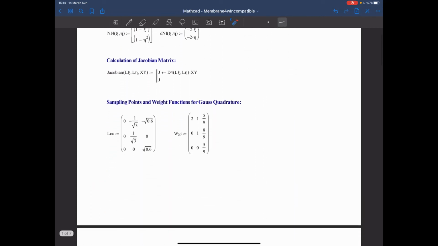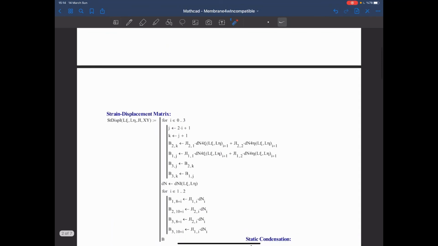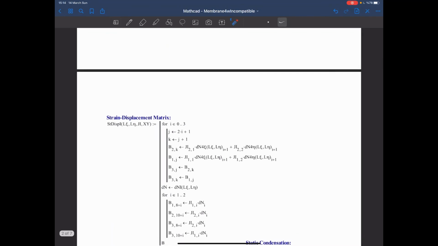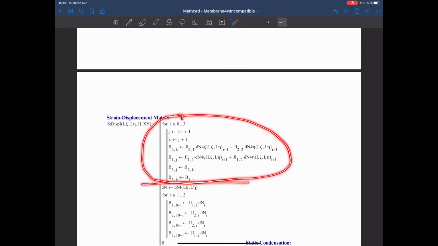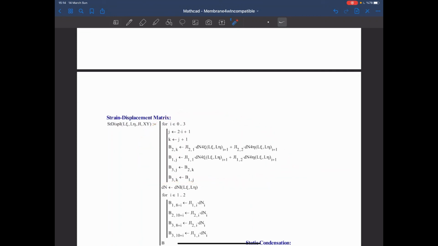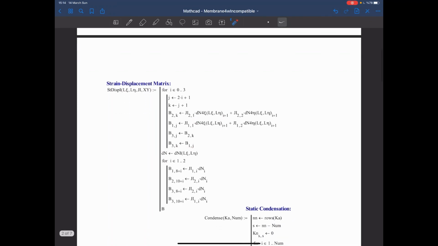Now let's continue. Of course, the only difference between these two elements is the strain displacement matrix. This first part is exactly the same as the bilinear element. I'm just filling the first 8 columns of the B matrix as I did in the bilinear element. So now the only difference is the additional part. Between 8 and 12, I am filling the BA matrix.